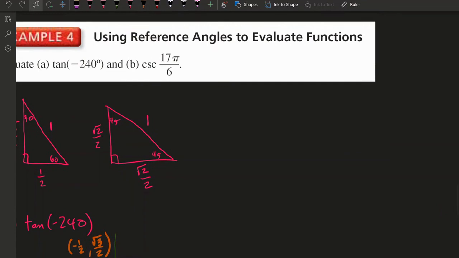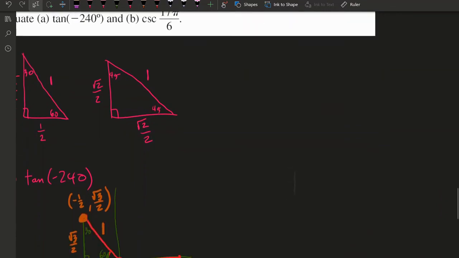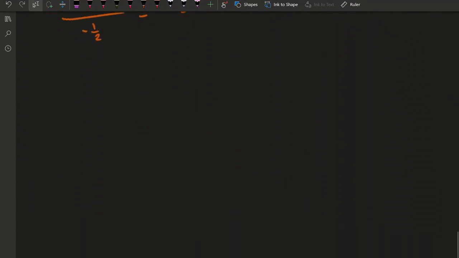Okay. Cosecant of 17 pi over 6. Now, before I move any further, the radians in this can be a little bit intimidating, so I just want to think about this for a moment, and I'm just going to write out what I'm thinking.